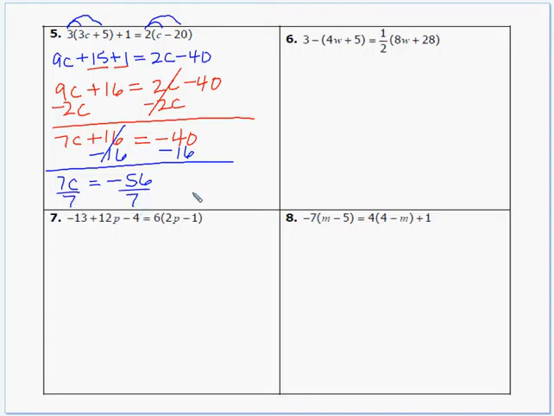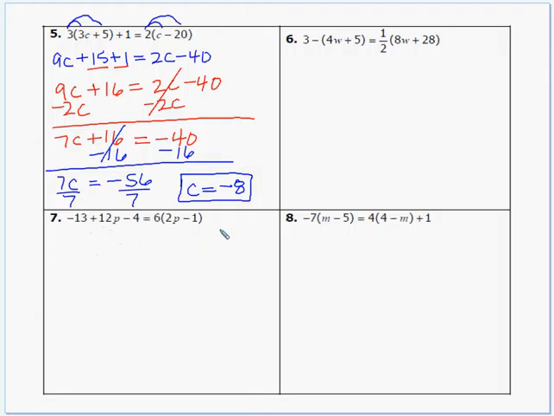And so when we divide both sides by 7, we get that c is equal to negative 8. So notice, not every solution that we'll get will be a special solution, but know that those are able to happen along the way. I'm going to take a look at number 7, and then I will give you the answers for example 6 and 8.